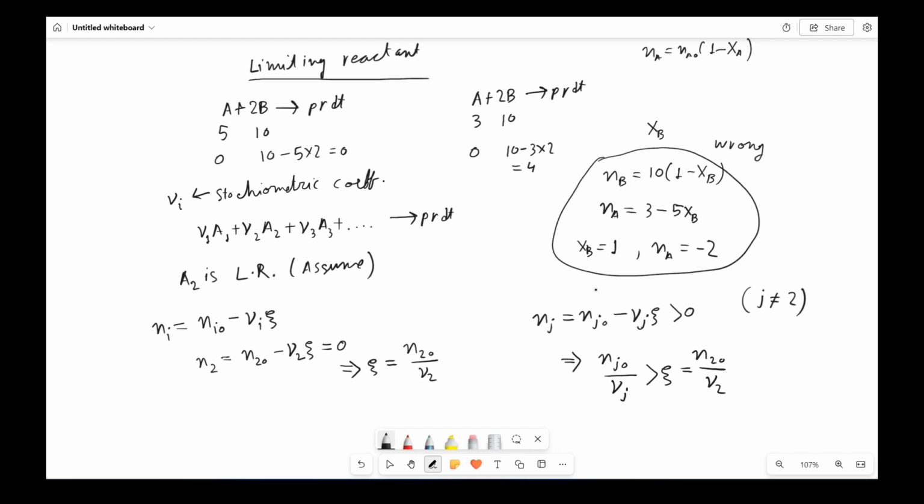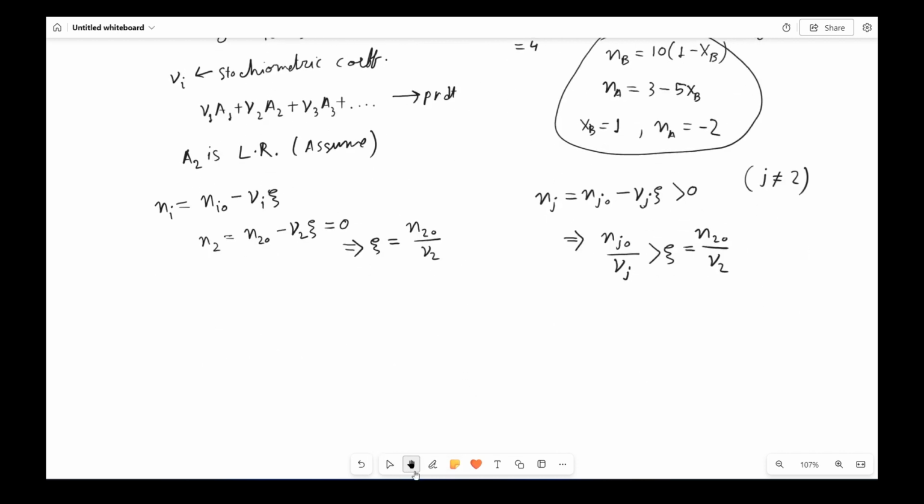So we get an interesting inequality: Nj naught divided by nu j will always be greater than N2 naught by nu 2, where j is not equal to 2.